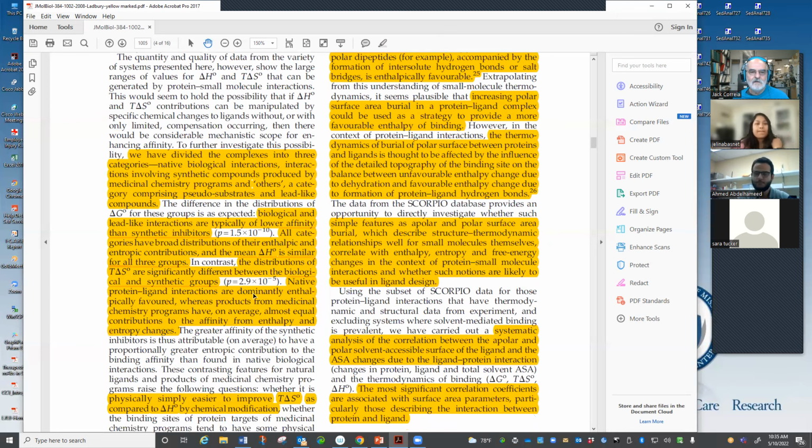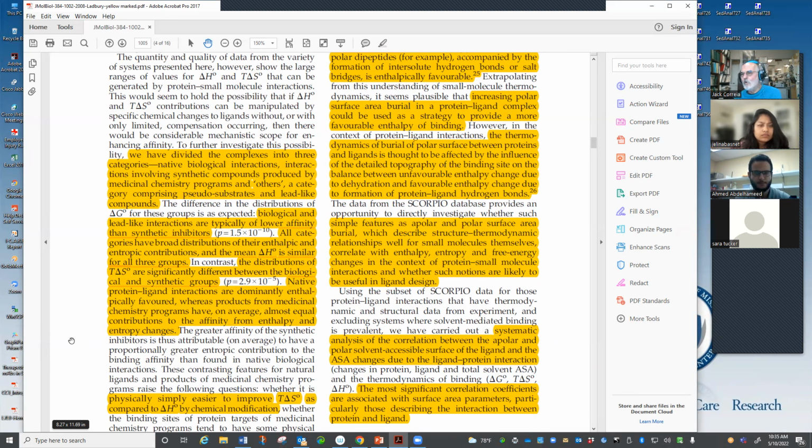Native protein-ligand interactions are dominantly enthalpically favored. So most of the native compounds are weaker affinity and determined by the enthalpy. Whereas on average, medicinal compounds have equal contributions from enthalpy and entropy. Okay.